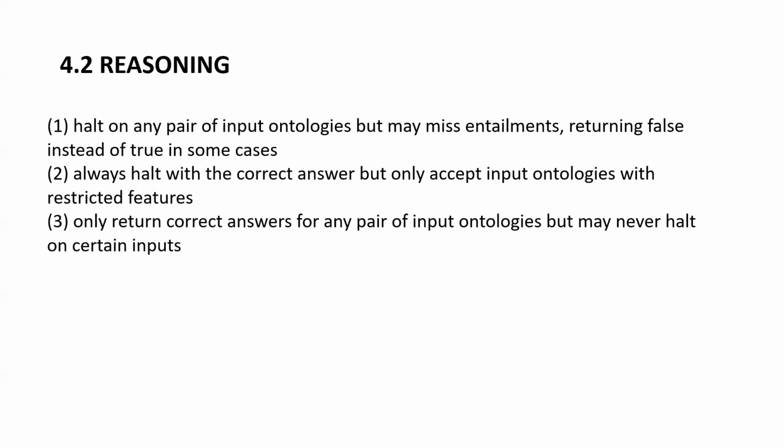The first option generally allows for efficient and scalable reasoning algorithms, though it is useful when the data is incomplete and some entailments are needed. The second option is recommended for areas such as medical ontologies where missing entailments may lead to undesirable outcomes.